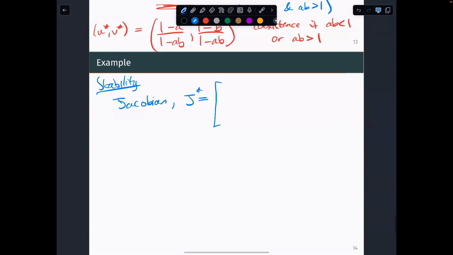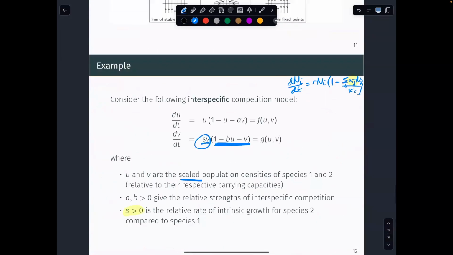With our general Jacobian, remember what we're doing is we're taking our partial derivatives, so J is going to be df/du, df/dv, dg/du, dg/dv. So we're taking all possible partial derivatives.